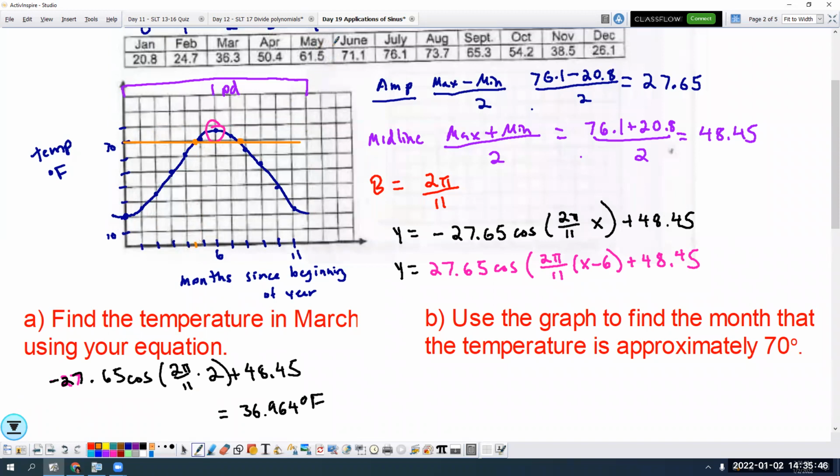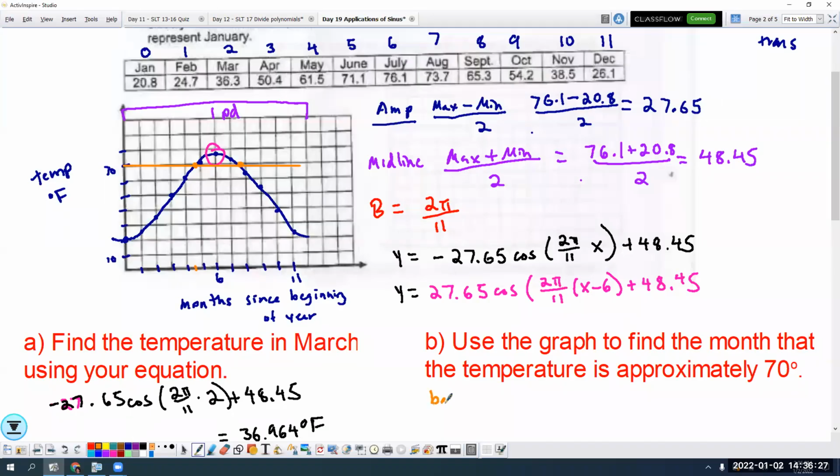So between May and June. And then the second dot occurs between 7 and 8. So again, between August and September.